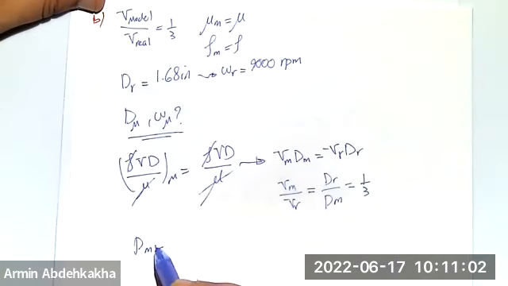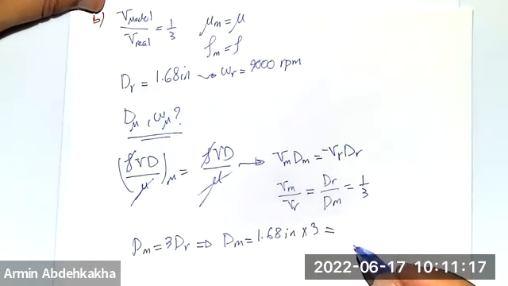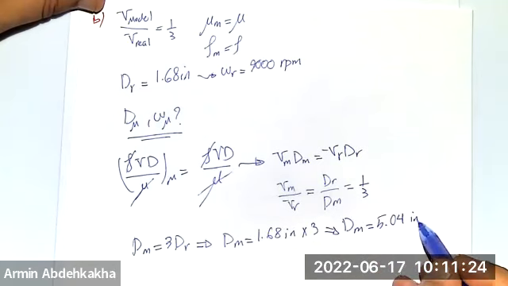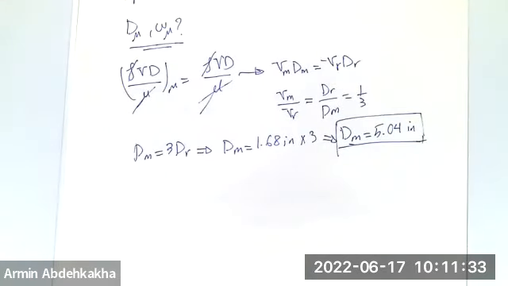Okay, then Dm is 3 times Dr. Dm is asked to find, and Dr is 1.68 inches. So Dm is that. Okay, what's next?